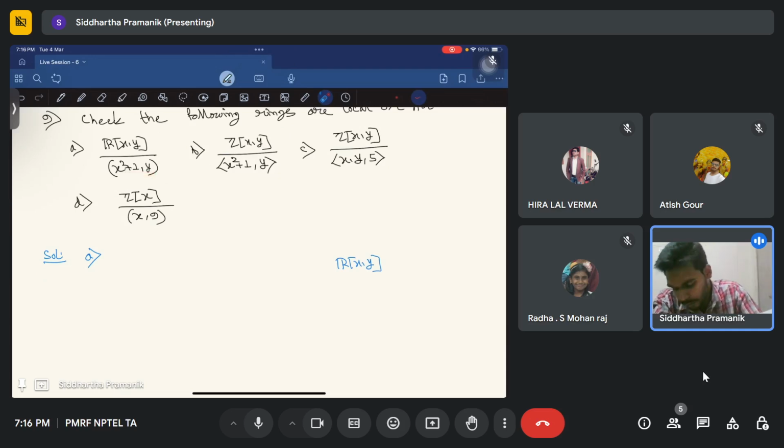You can first go mod by x^2+1, or you can go mod by y first. So if you go modulo y, what will you get? What is R[x,y] modulo the ideal generated by y?